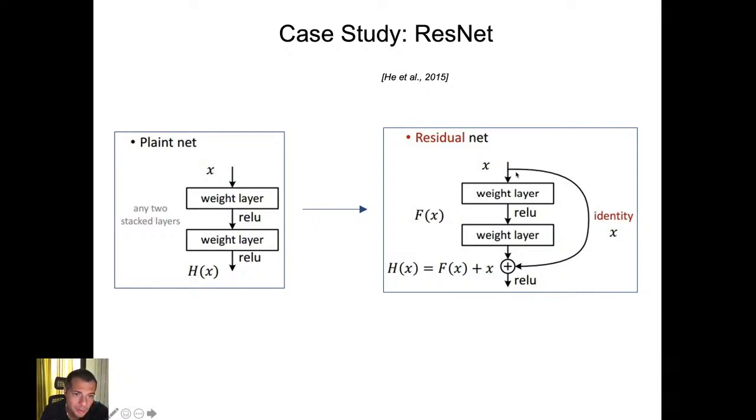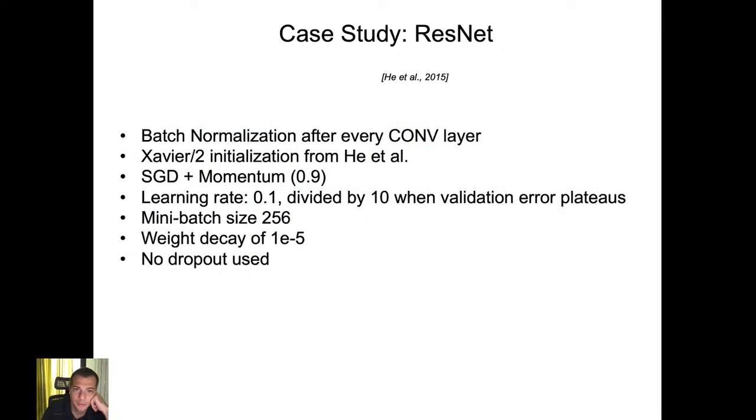When you learn, the model can decide that perhaps these layers are not useful, learn weights close to zero and just pass the information through the skip connection. So it's a model that has a big depth, but it can also adjust automatically to a smaller depth.